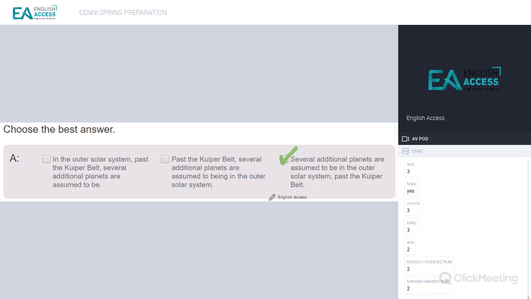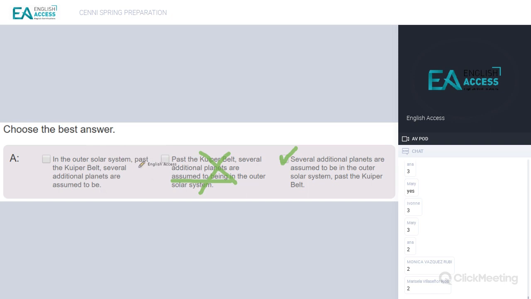Number 2 is totally incorrect because you say assume to being. You cannot say to and then an ing. The first one says in the outer solar system past the Kuiper belt, several additional planets are assumed to be.